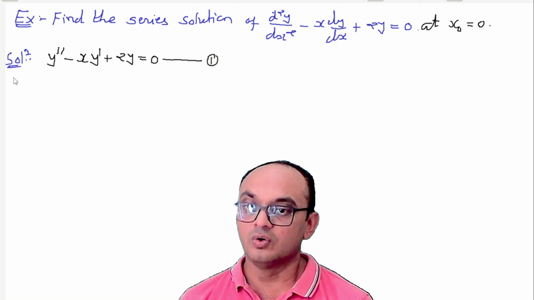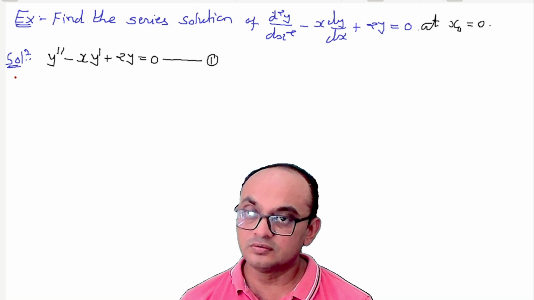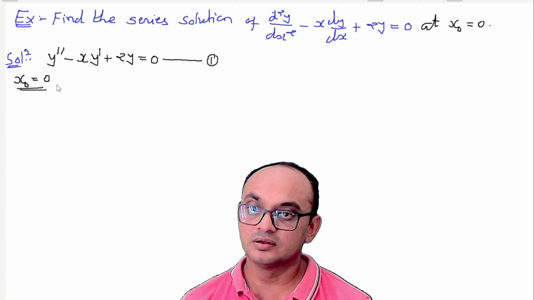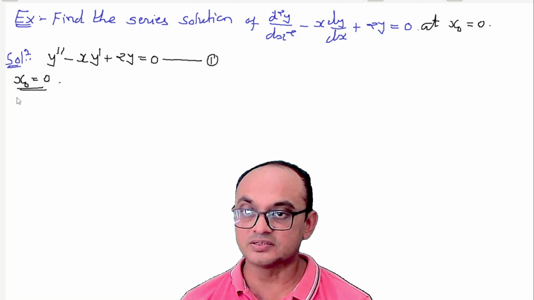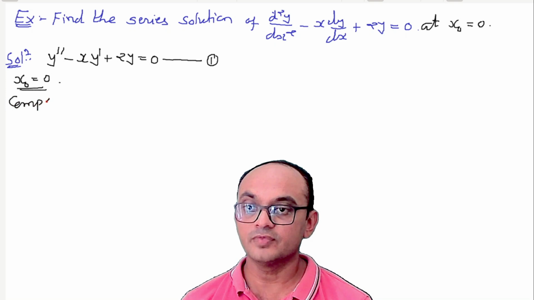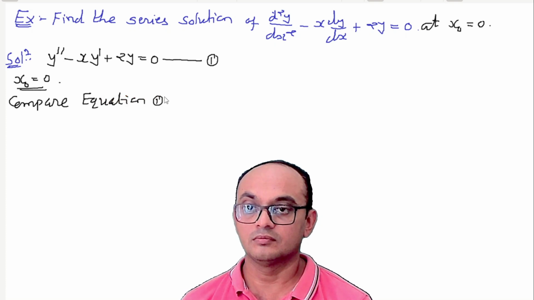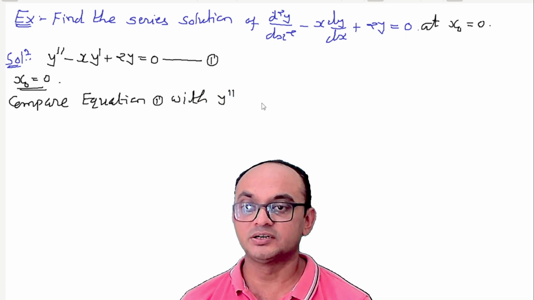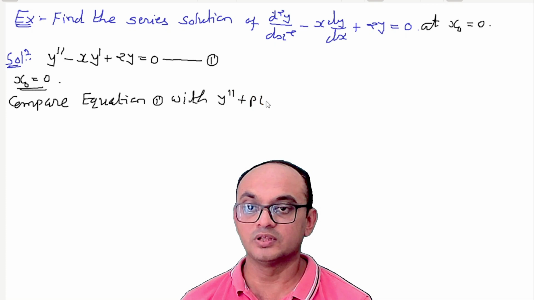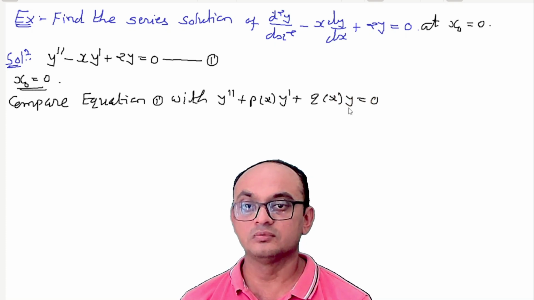We have also been given x0 equal to 0 in the exercise. Now let us compare equation 1 with y double dash plus p of x into y dash plus q of x into y equal to 0.